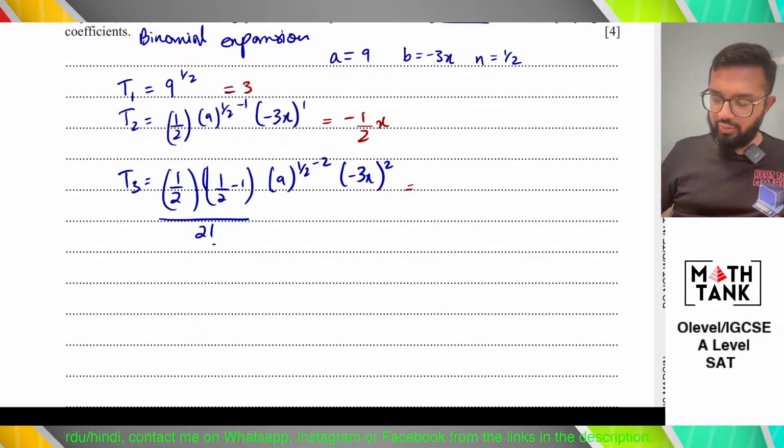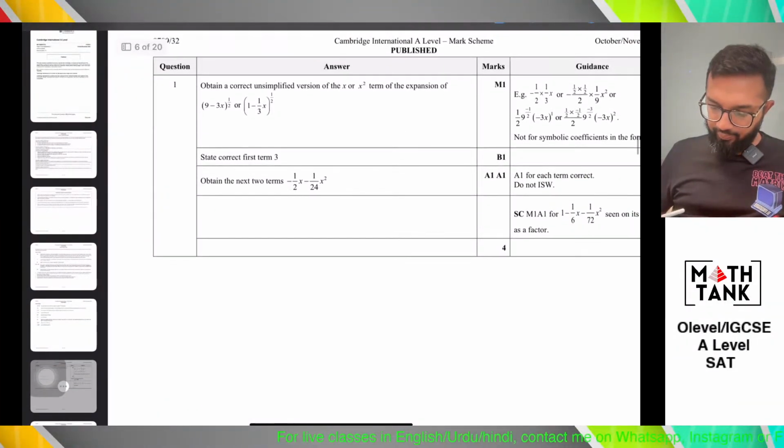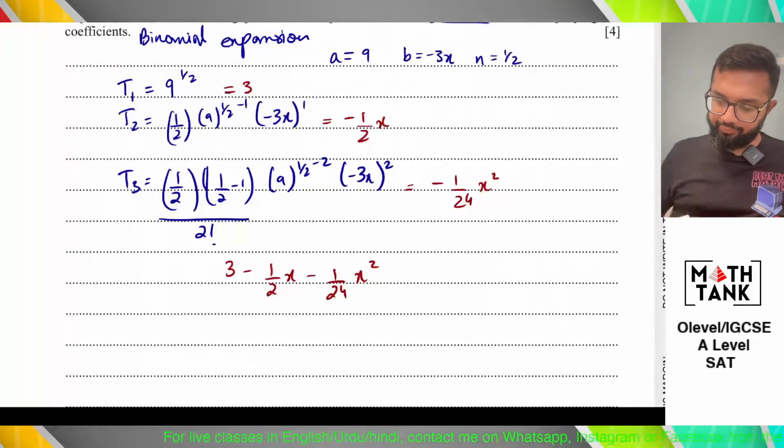It gives me minus 1 over 24 x squared. So 3 minus half x minus 1 over 24 x squared. I'm not absolutely sure, so I'm going to check the answer. Yeah, that is fine.